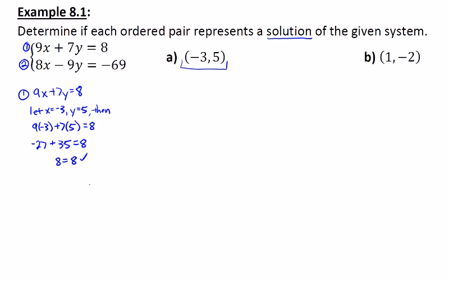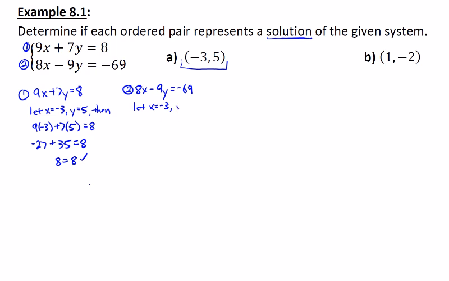All we have just shown is that this ordered pair is a solution for the first equation. It is not yet considered a solution of the whole system until we can show that this particular ordered pair also is a solution for the second equation. So that's what we're going to do next. For the second equation, we take the same ordered pair and plug those in.